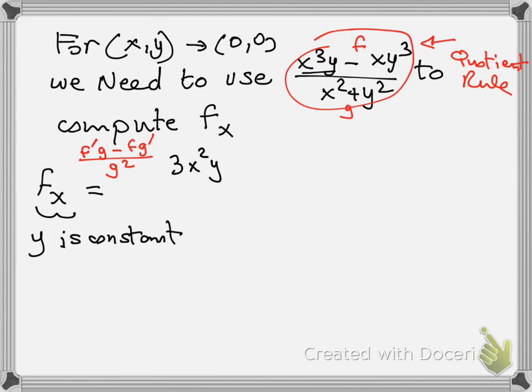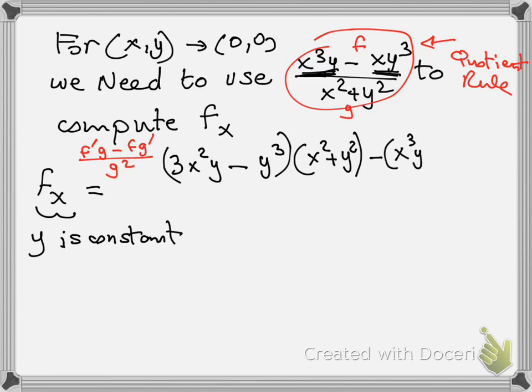Minus, for this term, product rule: derivative of x is 1, derivative of y cubed would be 0 because y is a constant, so it's 1 times y cubed, so it's y cubed plus 0, so it's just y cubed, times x squared plus y squared, minus f, which is x cubed y minus x y cubed.